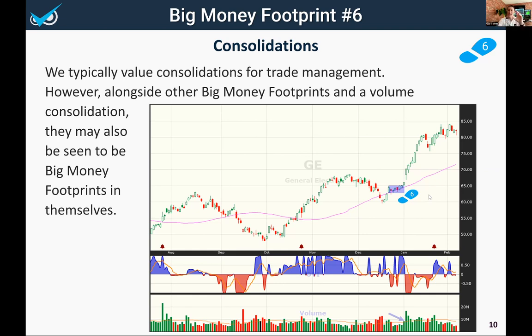However, in the context of other big money footprints around, it could be seen as a stock drifting against its main trend. In a buy here, the main trend is up.